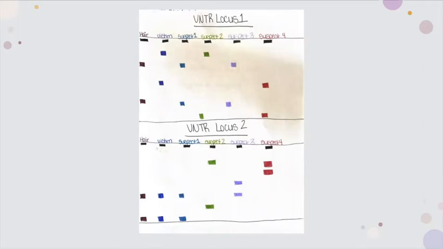Suspect 2, it's the complete opposite. Suspect 3, it's identical. And suspect 4, there's nothing in common. So what we know from our locus 1 is that suspect 1 and suspect 3 have a locus 1 that matches our hair.